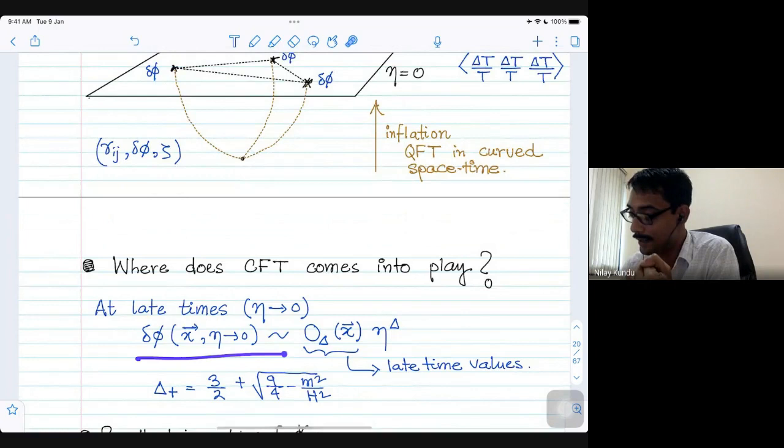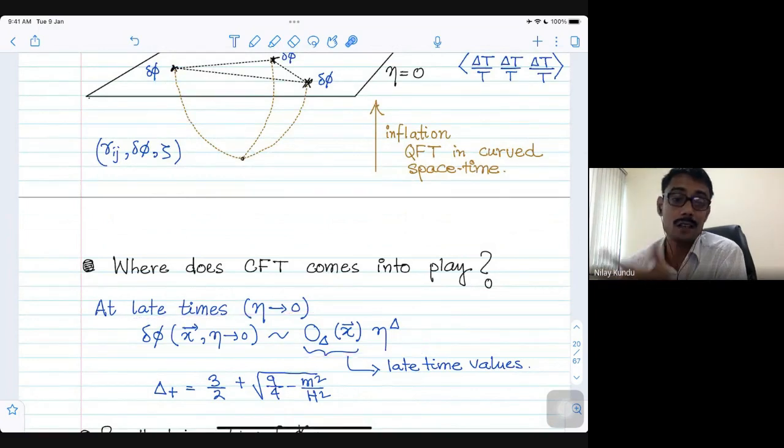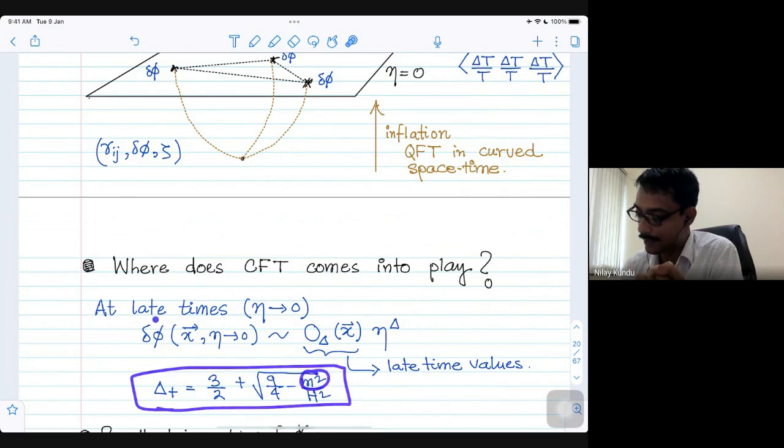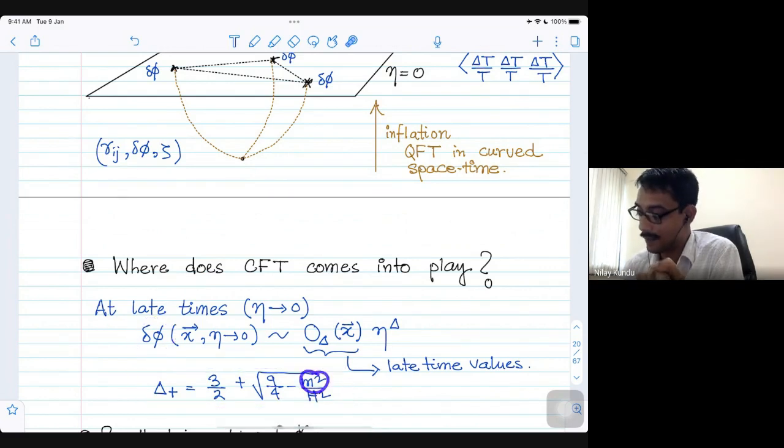How do I get this? I get it by solving the bulk Klein-Gordon equation, for example, which I wrote a few slides before. This delta is related to the mass of the scalar field in this way. If you are doing a massless field, put m equals 0, then delta turns out to be 3.